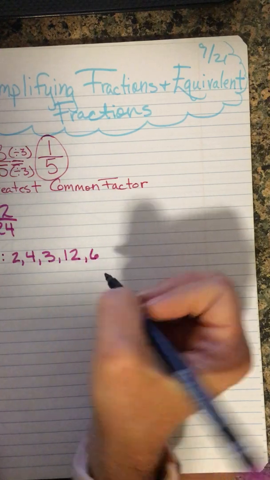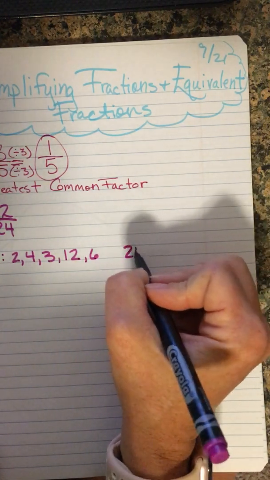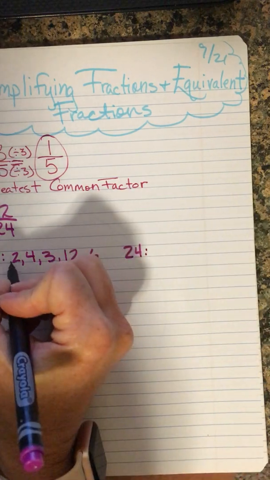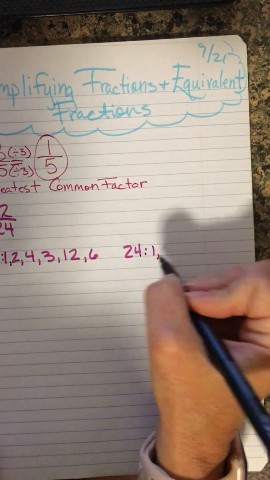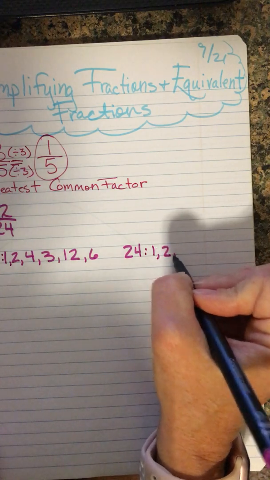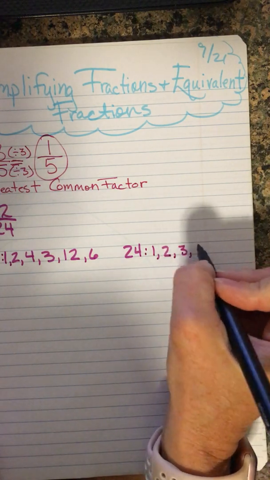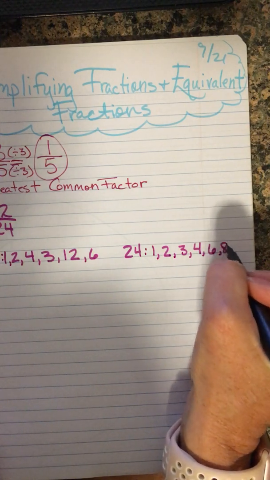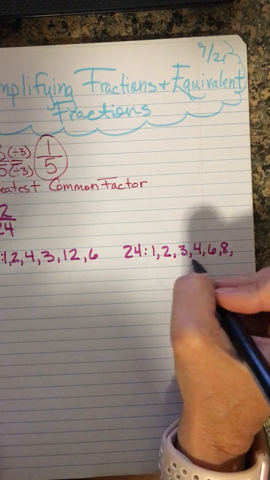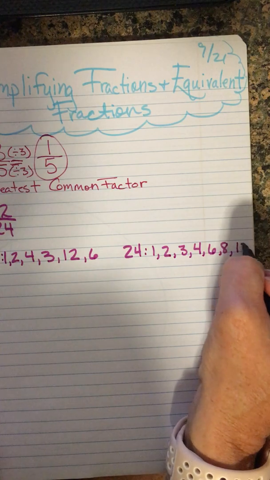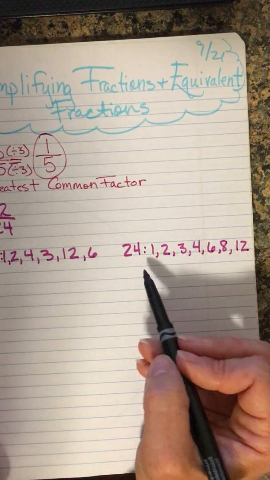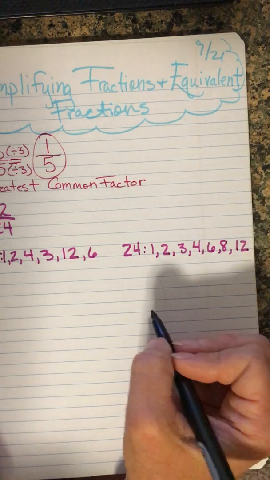The factors of 24 are 1, 2, 3, 4, 6, 8, 12, and 24. You can see there's a lot for this one.